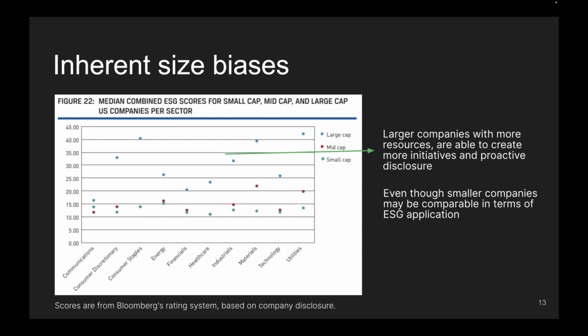The other issue that occurs here as well is because the landscape is focused on using human input to derive these scores, both from the collection and analysis process. What you typically see is that there ends up being a large cap bias to the way the companies are scored.